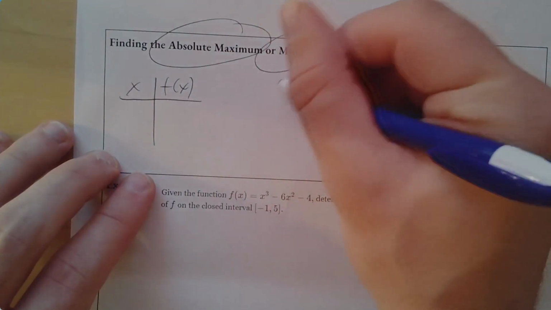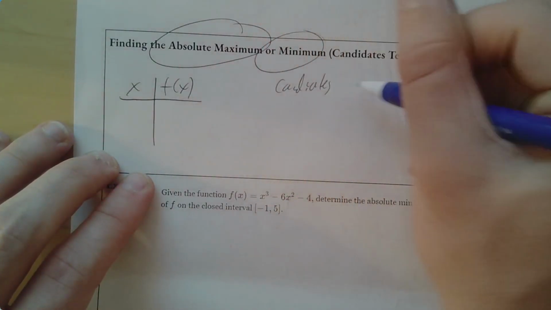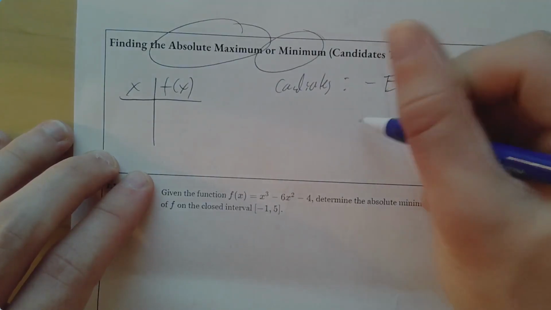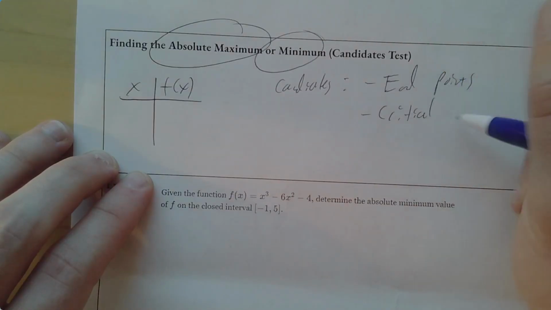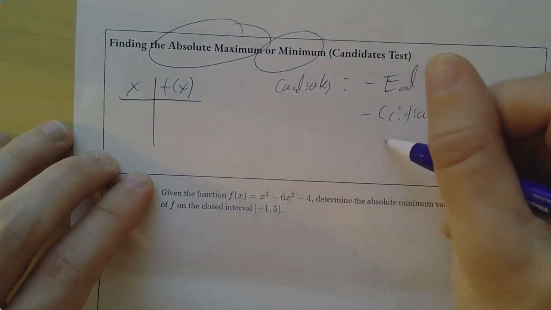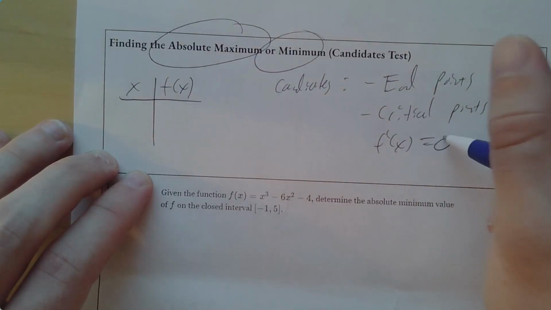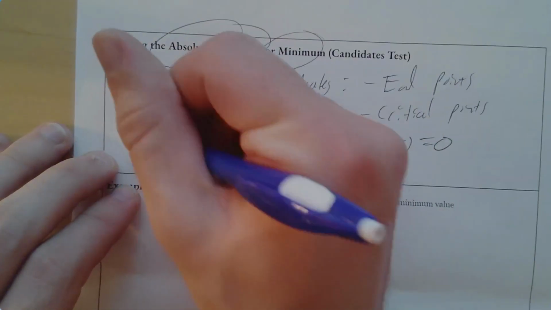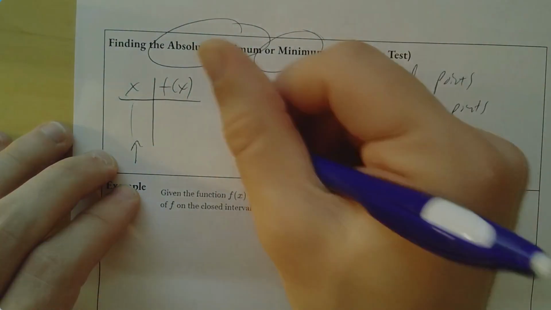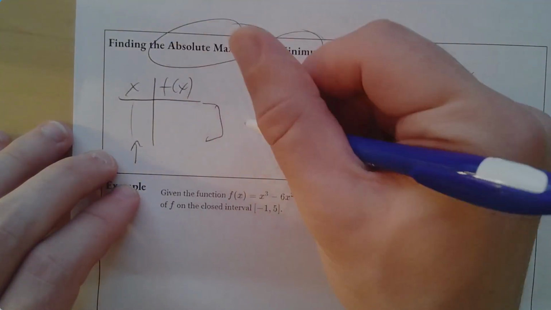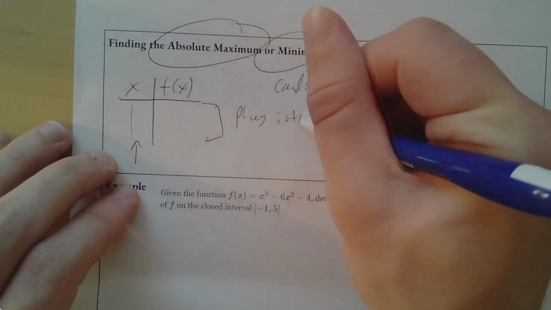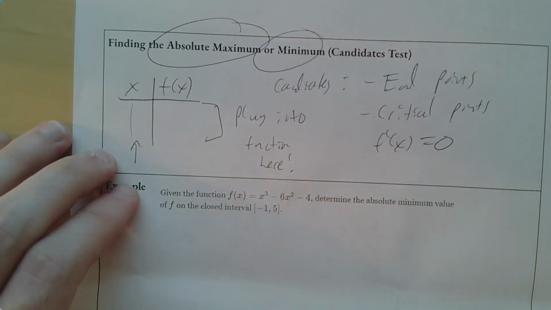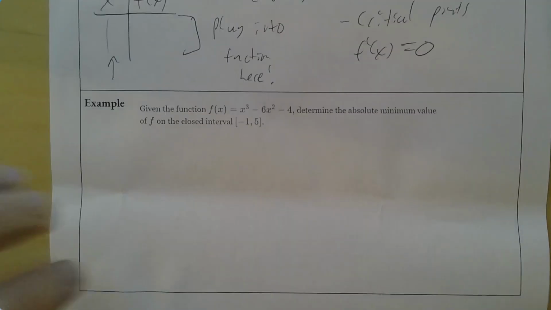Your candidates are endpoints and critical points, which, remember, is when the derivative equals 0. You put them on the left and then plug them into the function here. Okay?